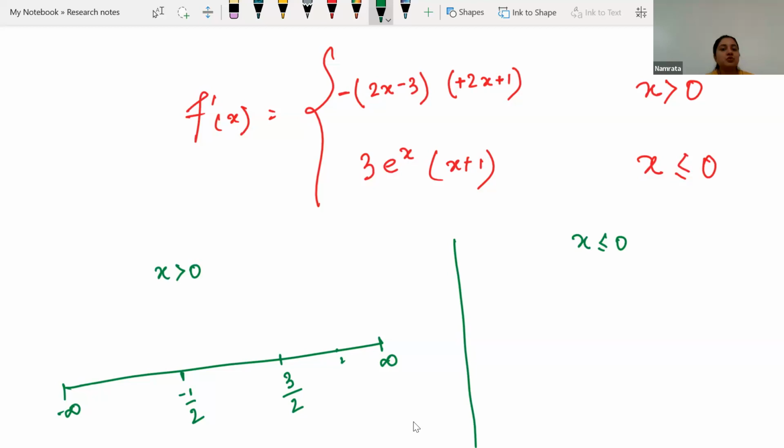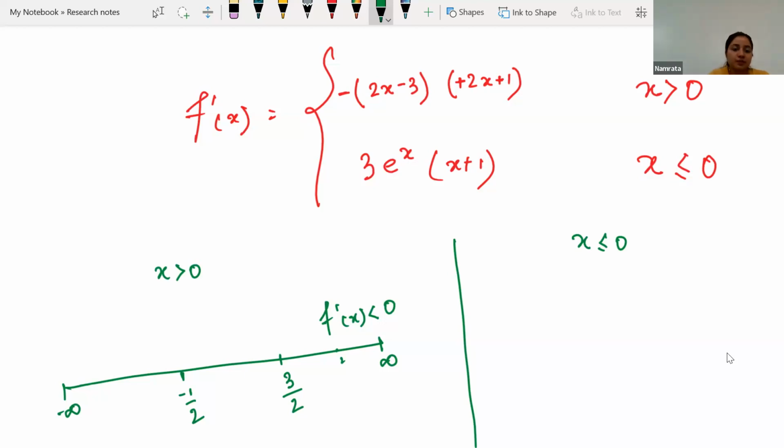The other one, 2 into 2 is 4 plus 1, positive. So it will be negative. Can I say f dash x is lesser than 0 over here? Yes or no? Yes, ma'am.